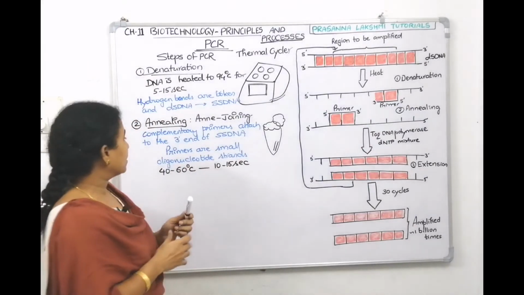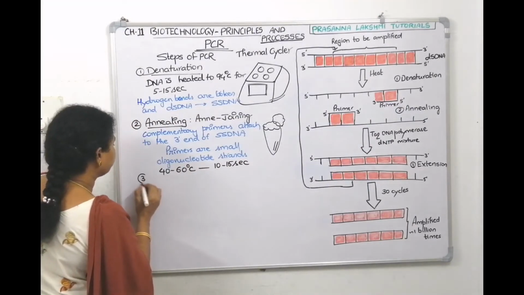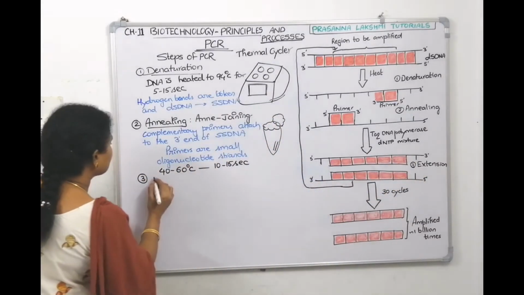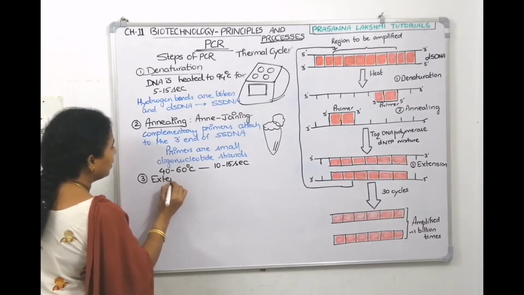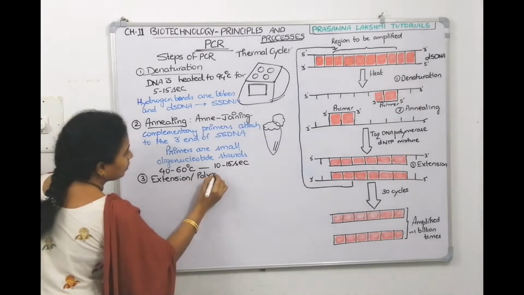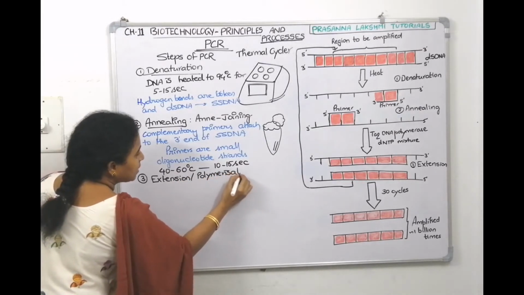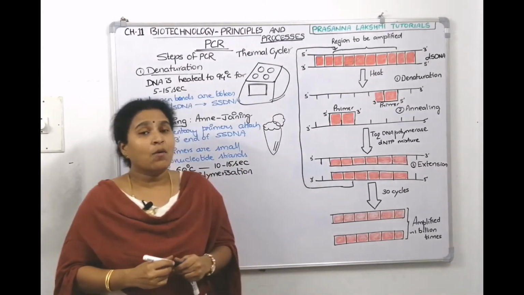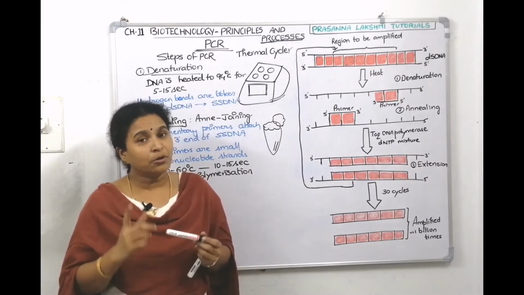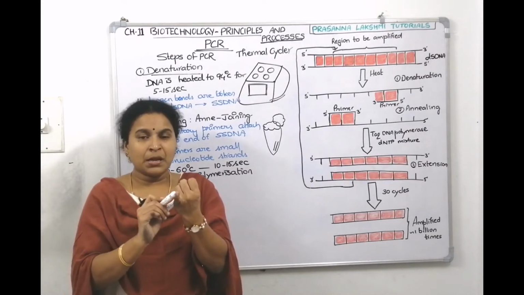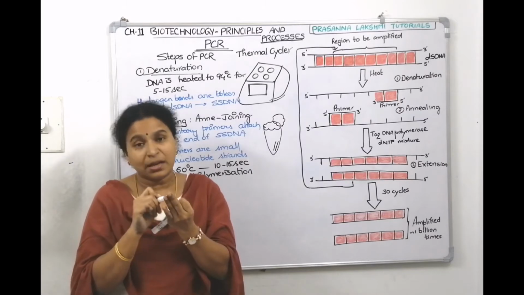After annealing, what is the third step? The third step is called extension, also called polymerization. I told you DNA polymerase cannot do initiation, but it can do elongation and termination.